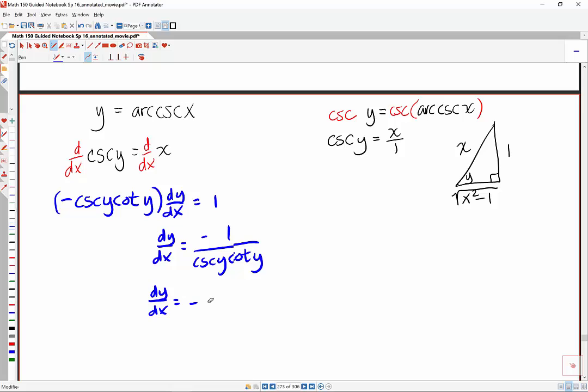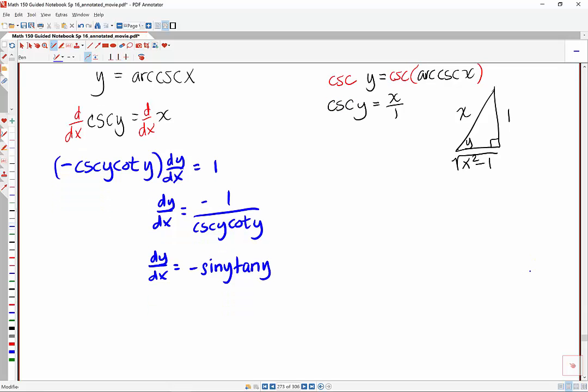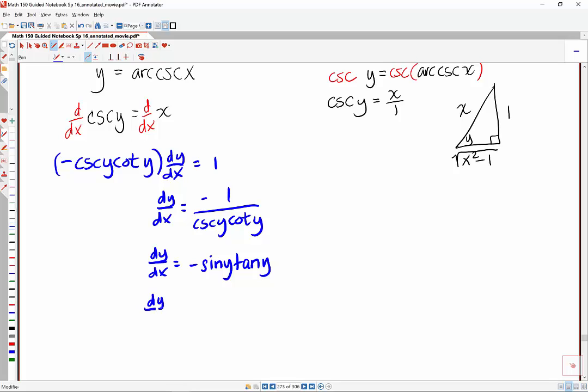It'll be negative sine y times tangent y. And then looking at our triangle, to plug that in, we'll have dy dx is negative. So sine at y is going to be side opposite over the hypotenuse, right? So we'll have negative 1 over x, and then times tangent at y, which is side opposite over side adjacent.